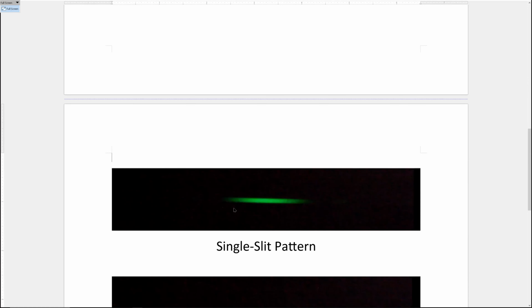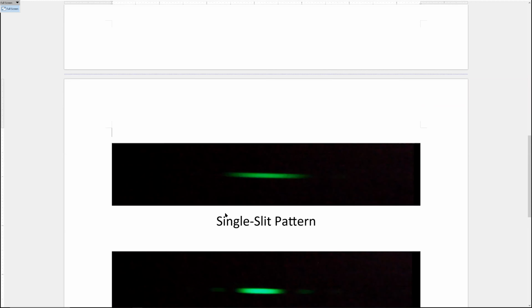So something to notice here. On this one, I apparently didn't have it lined up real great. And I can only see the very first part of this single slit pattern, but you can see that it's bright in the middle, and then it fades to zero on either side of that center part.